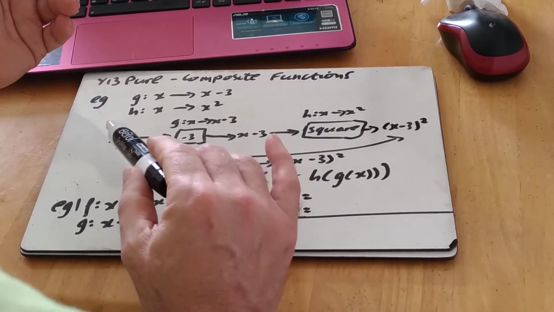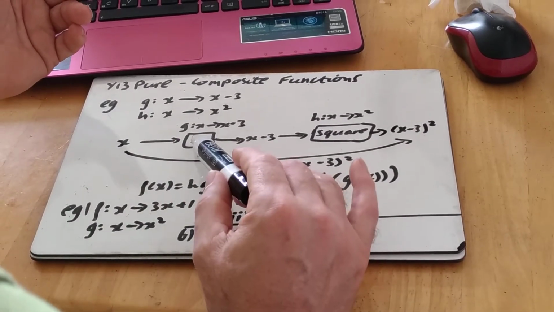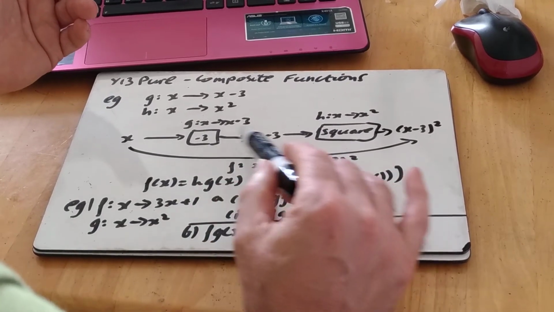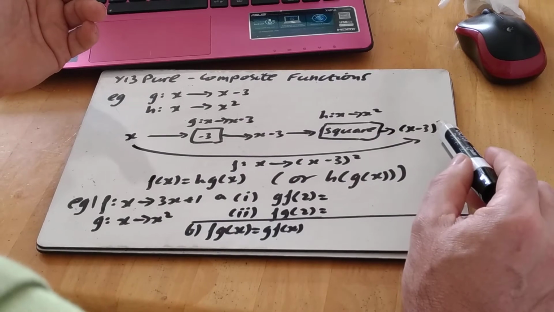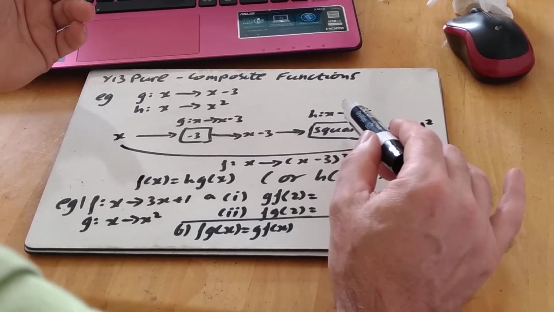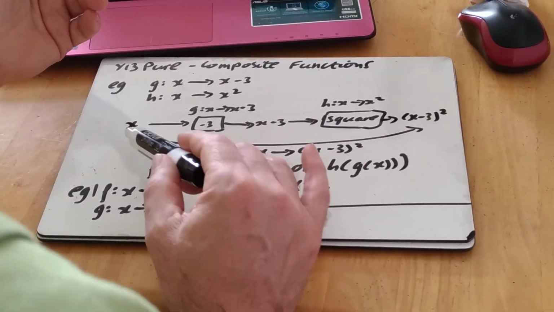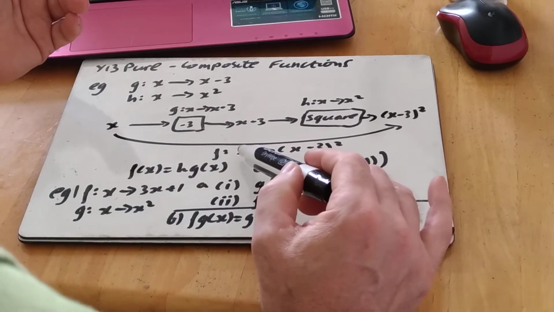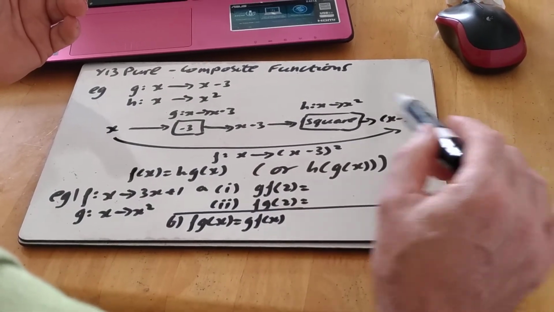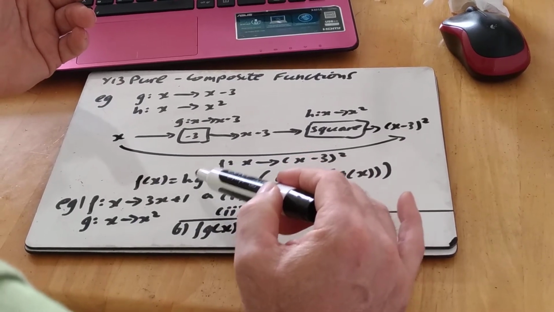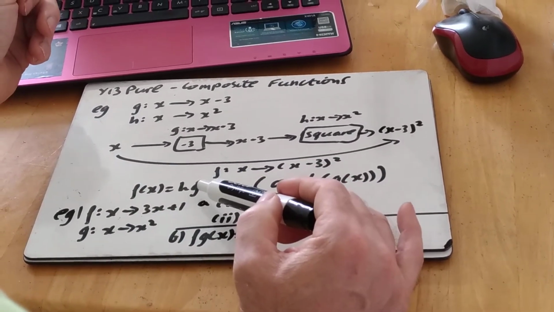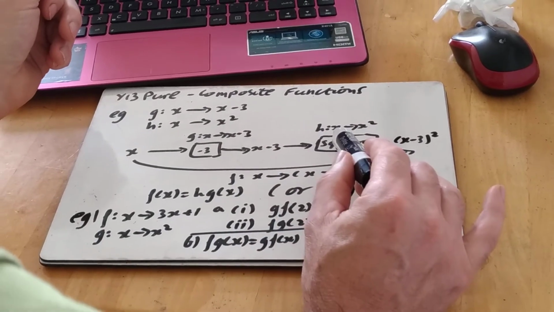So, for example, if I take our x, apply g to it first, i.e. subtract 3 to get x minus 3, and then square it to get x minus 3 all squared, I'm doing g first, then h. Now, my overall function I get, f, x goes to x minus 3 all squared, can be written as f of x equals h g of x. Notice the order is the opposite way around to what's being done.